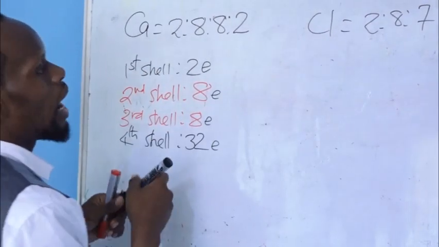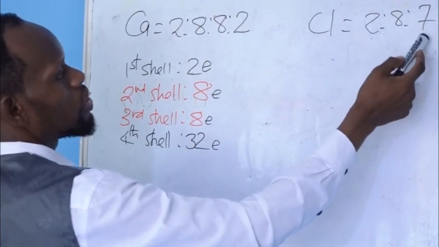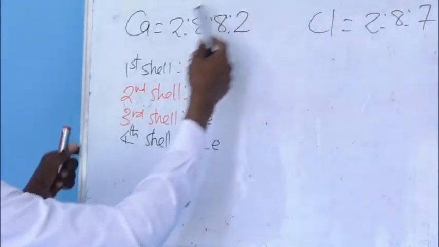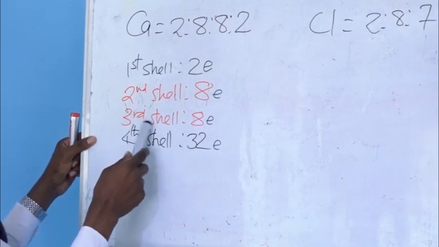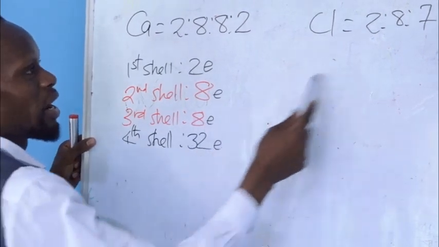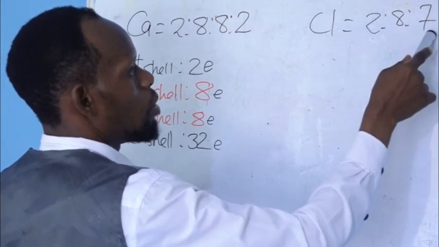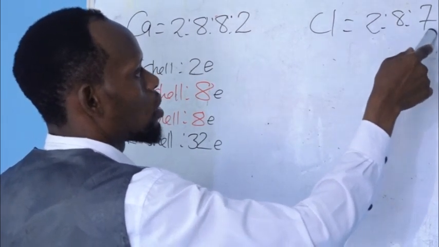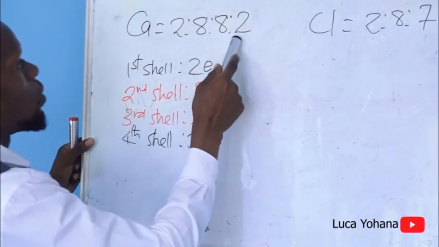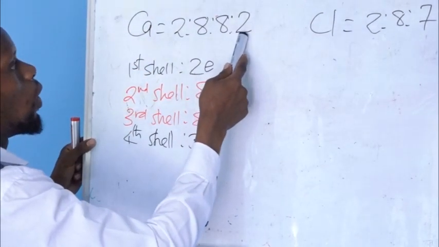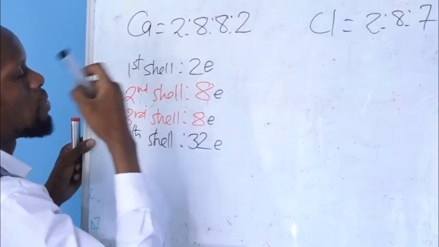So the outermost shell is the third shell, which has 7. Now let us refer to the formula. That third shell should have 8 electrons, but here there are 7. So this one is unstable, because it is missing 1 electron. Sodium needs to remove electrons so that it becomes stable.